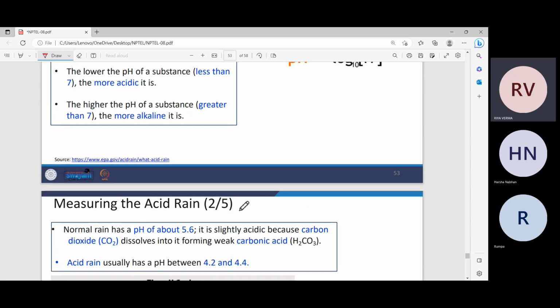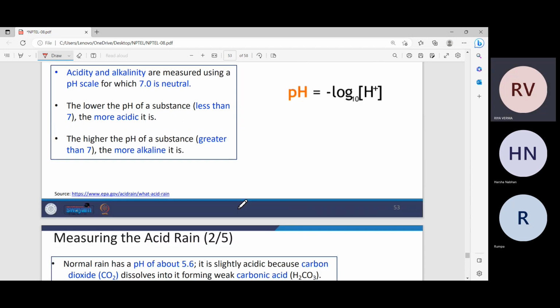Now, we know that normal rain has a pH of about 5.6. So it is slightly acidic because the CO2 present in large amounts in the atmosphere reacts with water vapor and forms a weak carbonic acid, H2CO3. Normal or distilled water has a pH of about 7, which is neutral.